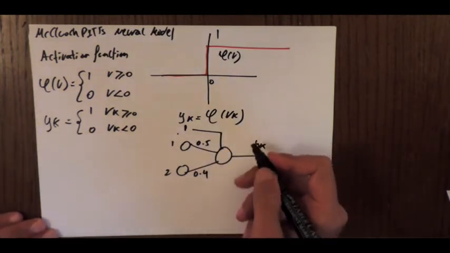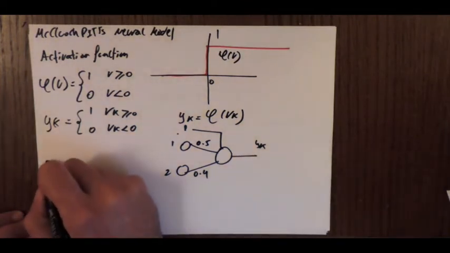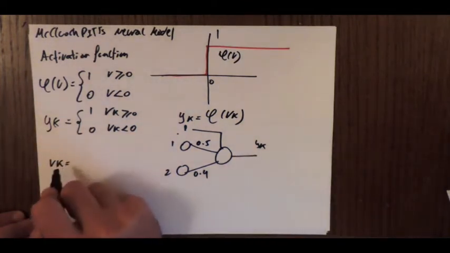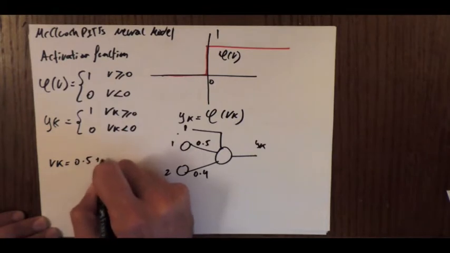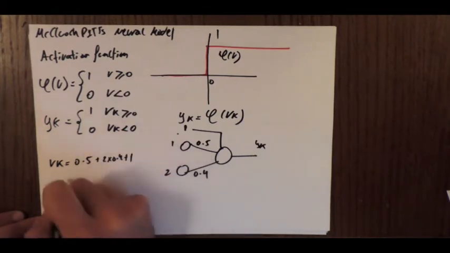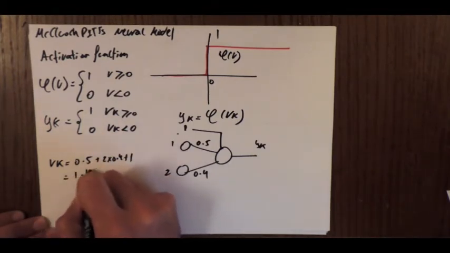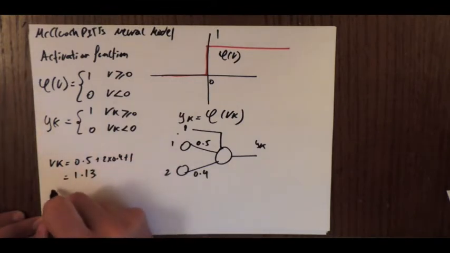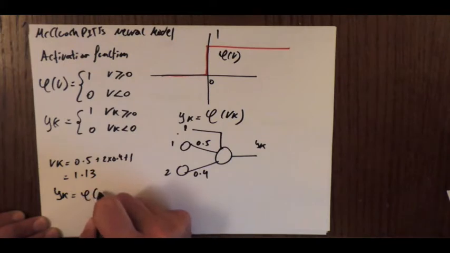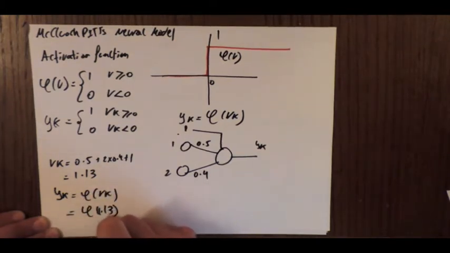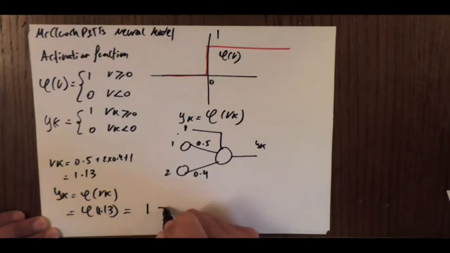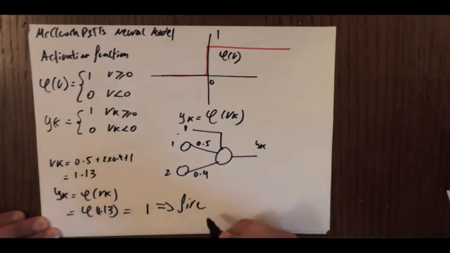So v_k will be, of course, 0.5 plus 2 times 0.4 plus 1, which is going to be 2.3. And then y_k is going to be equal to phi of v_k, which is phi of 2.3, and this will give me 1, which means fire.